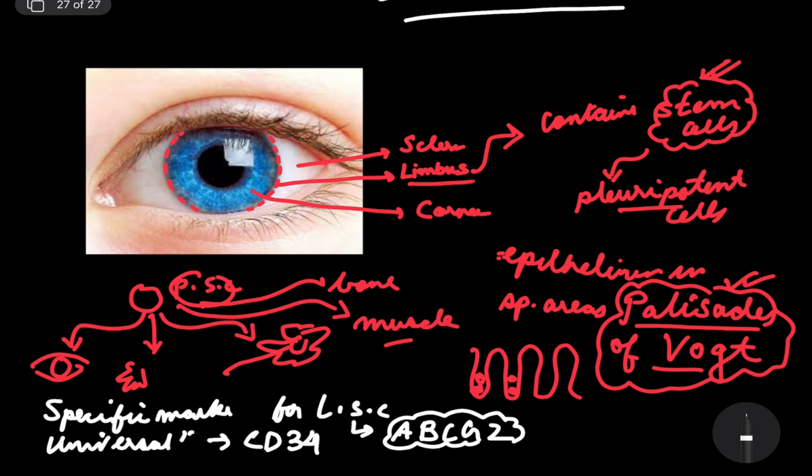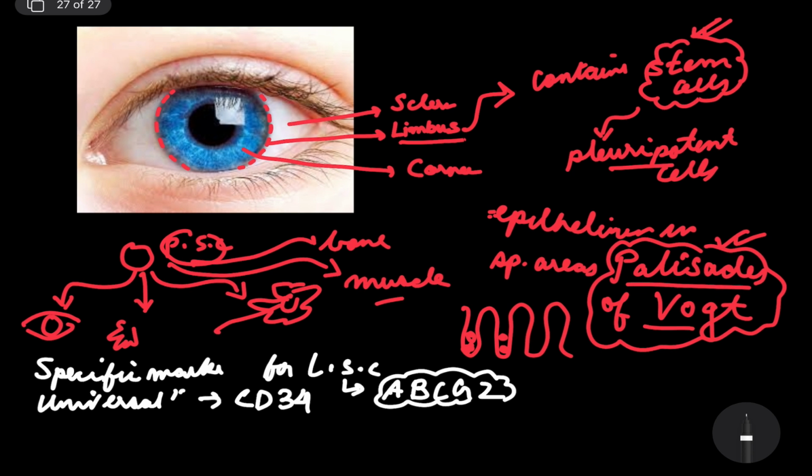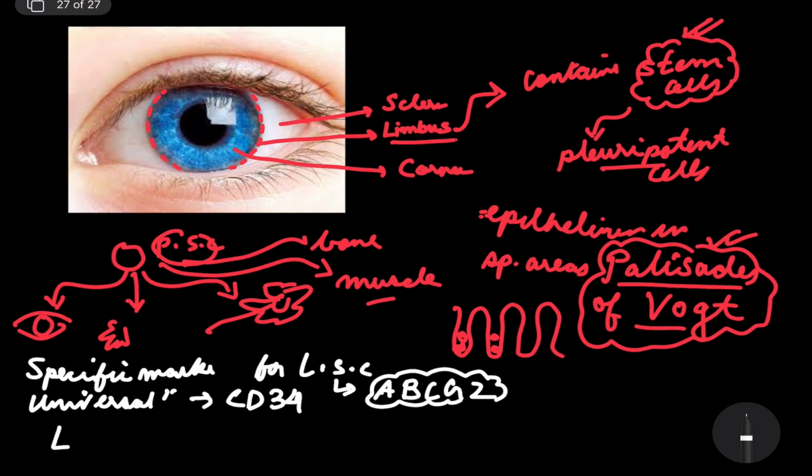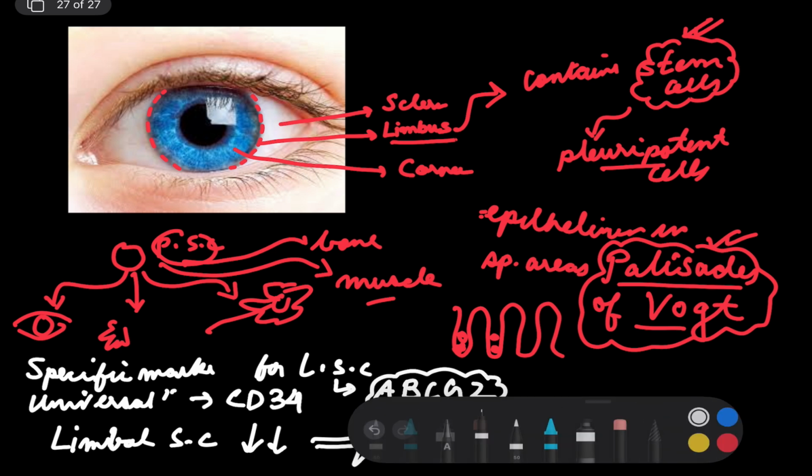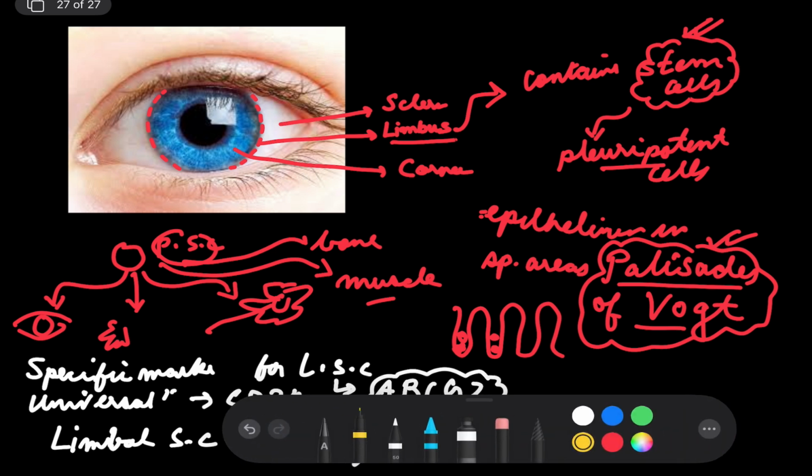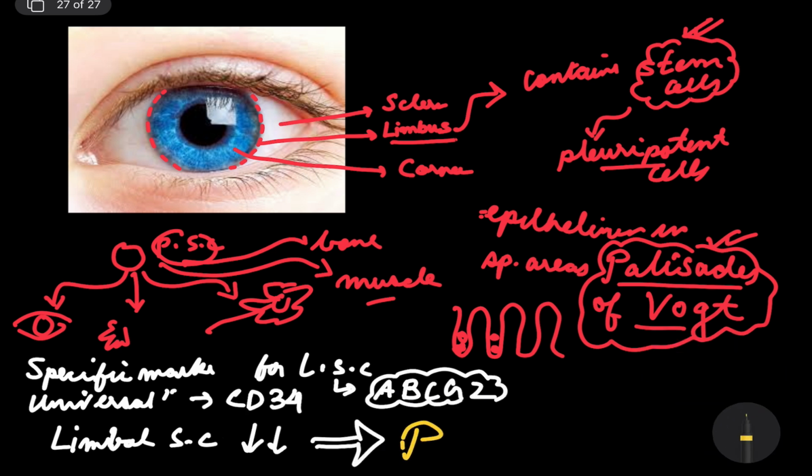Now, we will talk in detail in a later video about a pathology related to deficiency of limbal stem cells. Limbal stem cell deficiency leads to a pathology called pterygium.